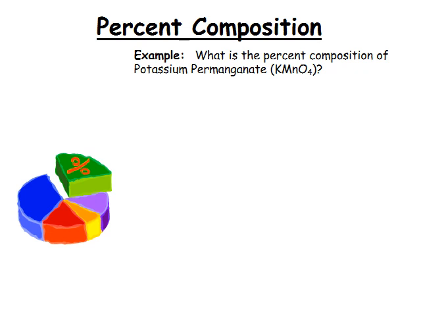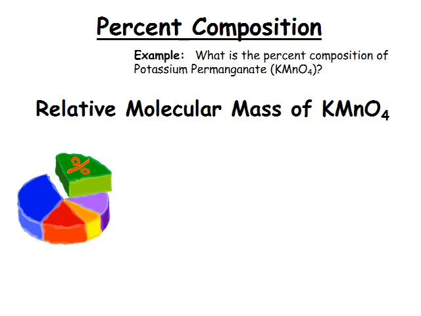So here's an example. What is the percentage composition of potassium permanganate, KMnO4? Well, first thing we're going to do is work out the relative molecular mass of potassium permanganate, which you should be able to do from previous lessons. Remember, it's the sum of the relative atomic masses of all the atoms in that compound.